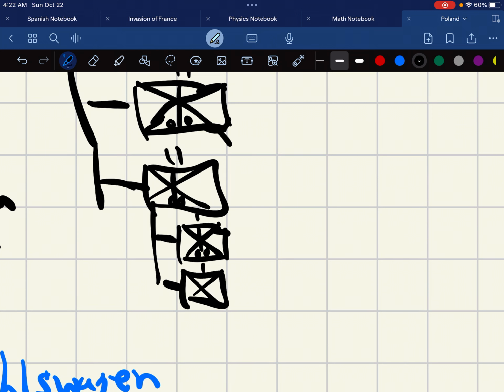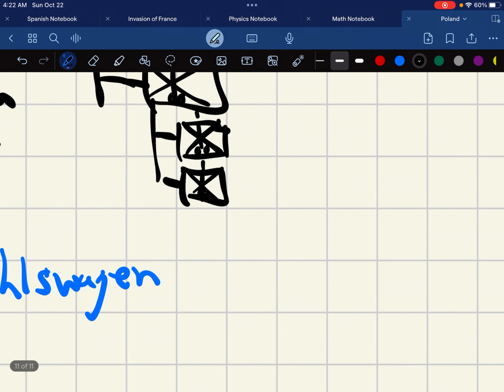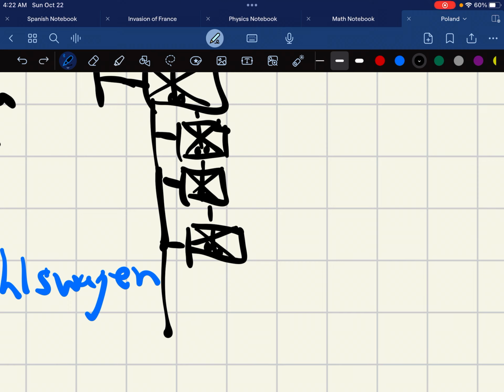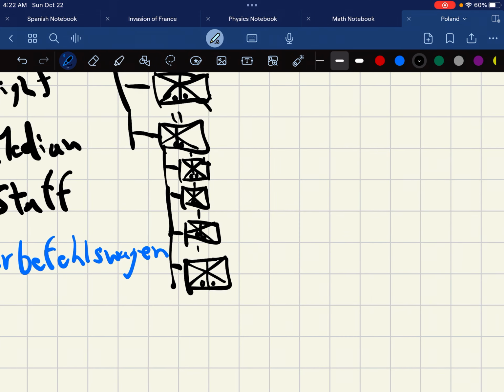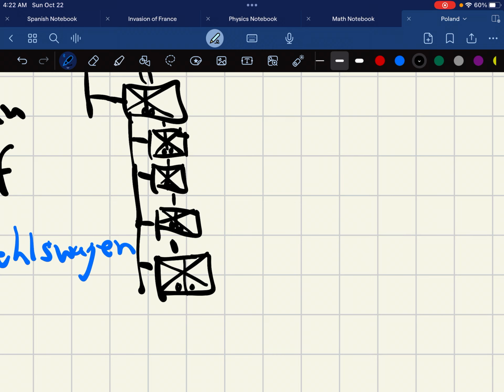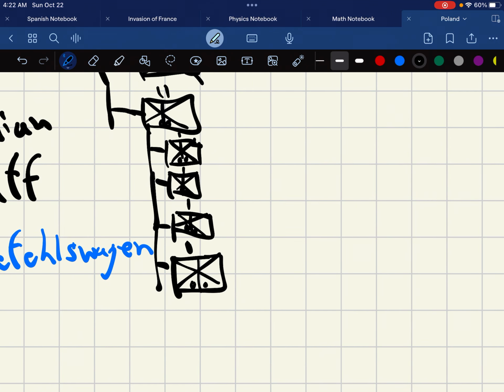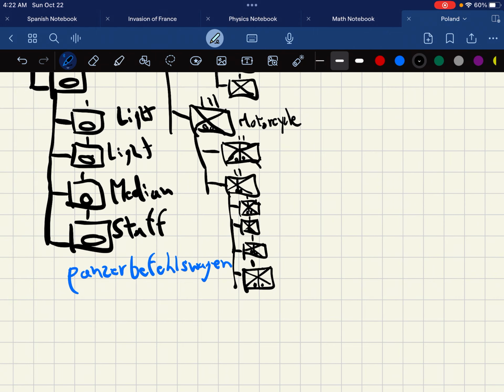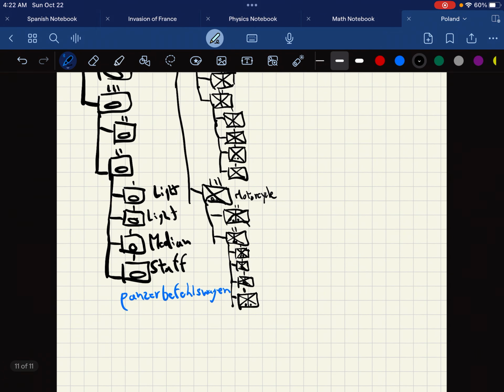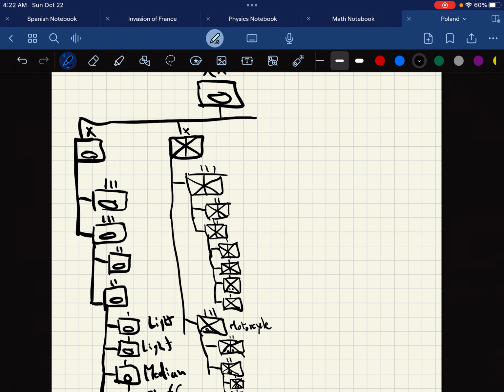So you will have 4 of these motorized infantry companies, or motorcycle companies, excuse me, and that's going to pretty much be the organization of the motorcycle regiment.